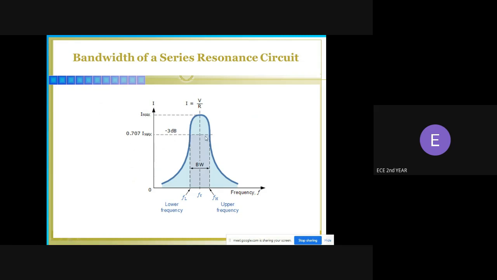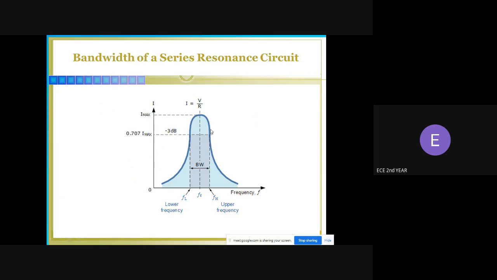That is called the first frequency, the lower cutoff frequency, and after that, at some higher frequency, we get the same value of 0.707. The difference between this lower cutoff frequency and this upper cutoff frequency is called the bandwidth.